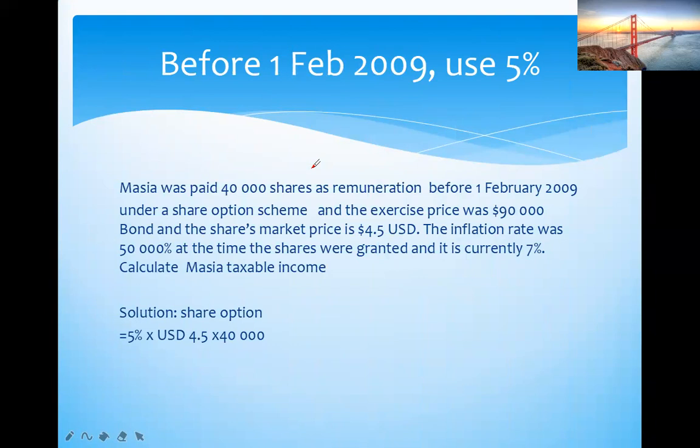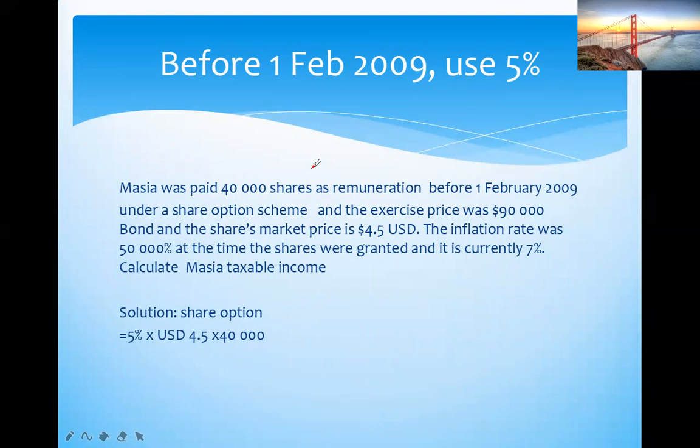You remember this way back before 2009. The current market price is 4.5. The inflation rate was 50,000%. Oh, that was hectic, right? Remember this moment. Let's say it was in 2008. So we want to determine the taxable income.